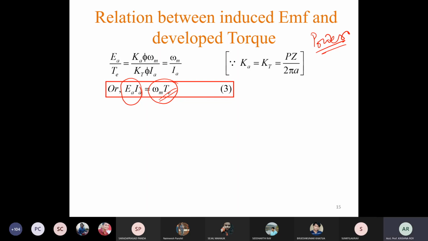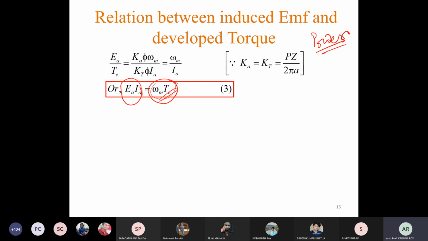They are related by an equal sign, so obviously this will also be some power. Omega m Te is also power, rotating, converted to electrical power. Now what is the significance of these two powers?